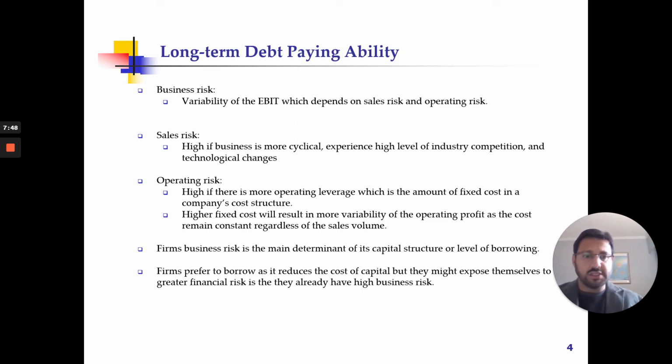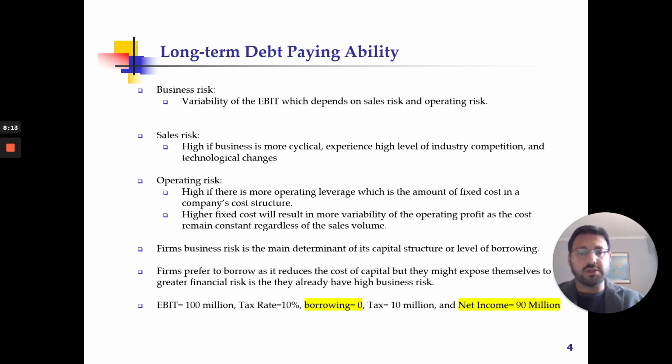And all these three conditions are not mutually exclusive. There might be a firm in an industry where the technological change is not rapid, but the business is cyclical. So you need to consider all these things while analyzing whatever company you are analyzing at this time or whenever you will be analyzing in the future.